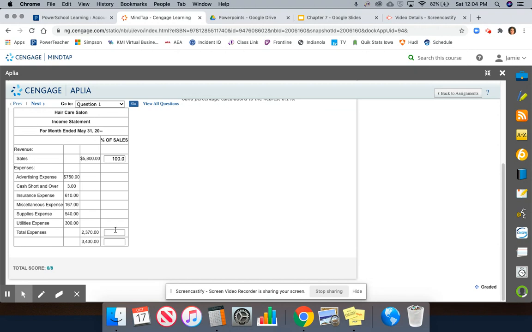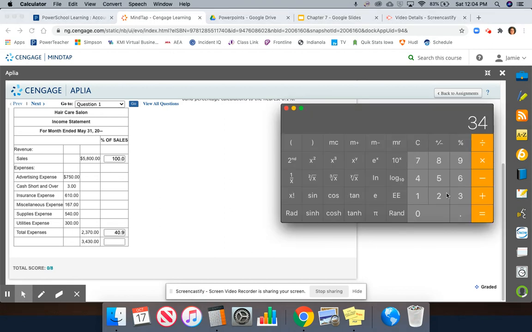So 40.9%. We're going to do the same thing, 3,430, which is our net income, divided by 5,800. And we are left with 59.1%.